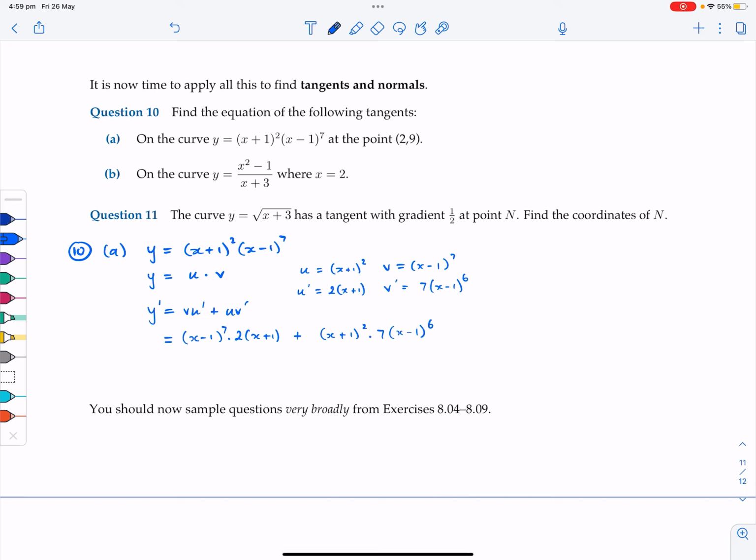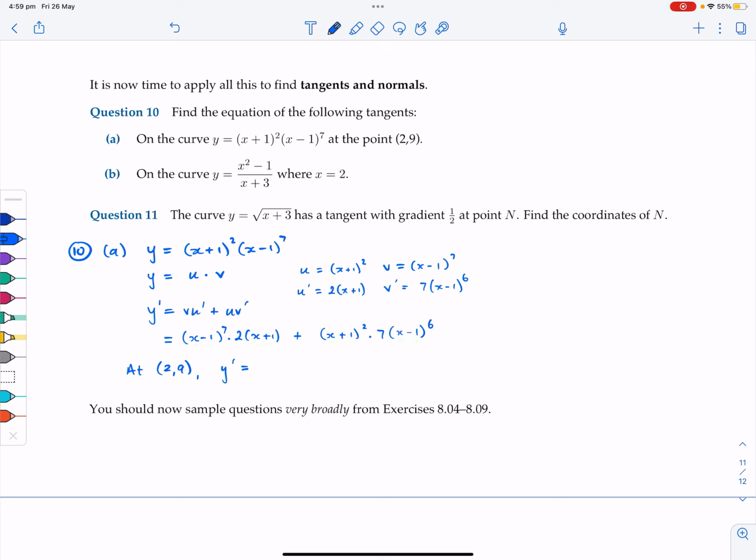Now I could maybe tidy that up a bit, but at 2 comma 9, y dash equals, so I need to just work out what the gradient is. So remember x equals 2. So I'm going to substitute into there and there and there and there.